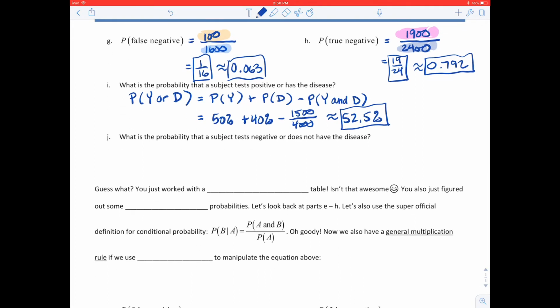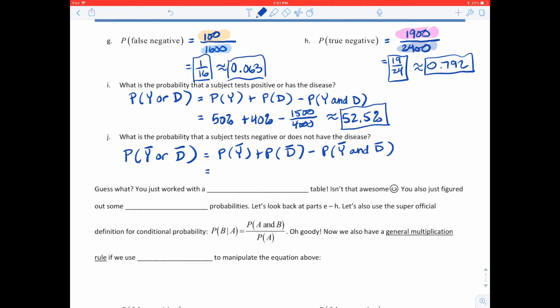All right, what is the probability that a subject tests negative or does not have the disease? So that would be probability not positive or does not have the disease. That will be probability of not positive plus the probability person does not have the disease minus the probability that they test negative, or not positive, and they do not have the disease.